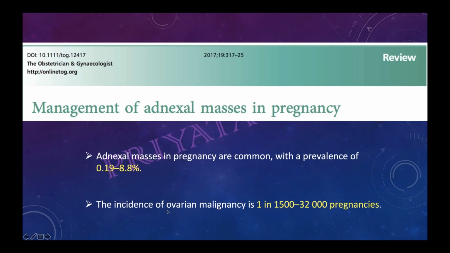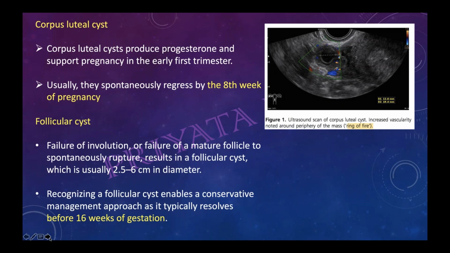And the incidence of ovarian malignancy in pregnancy is 1 in 1500 to 1 in 32,000, because this type of question comes. Now there could be some functional cysts, and in pregnancy it creates chaos because identification becomes difficult. So what is the corpus luteal cyst? We already know that.